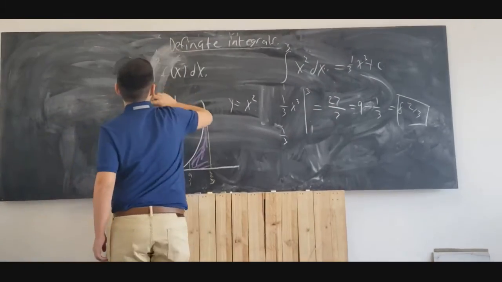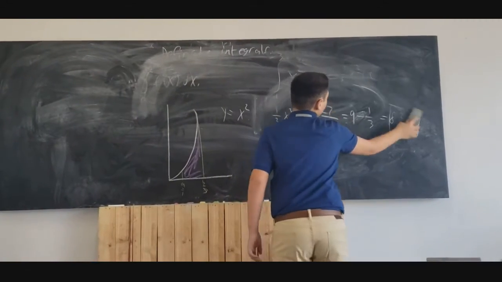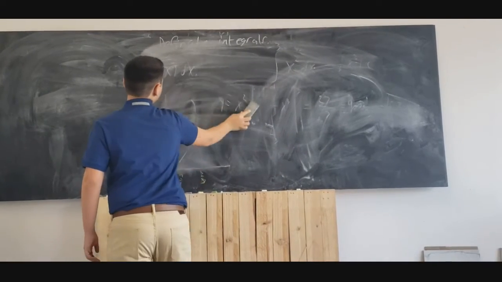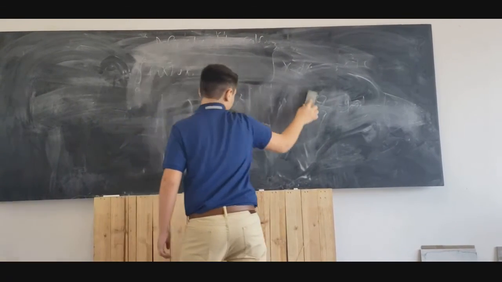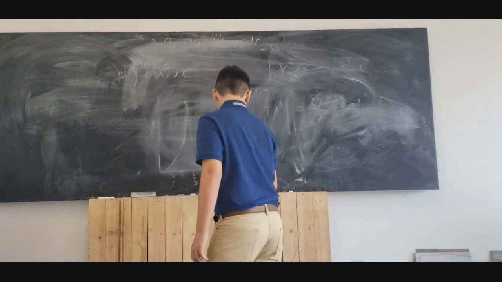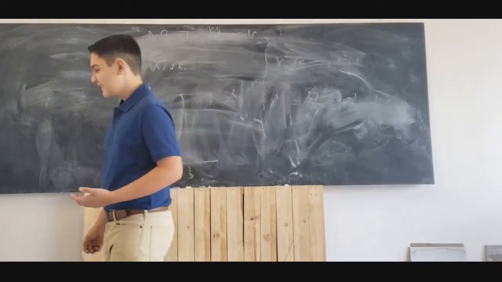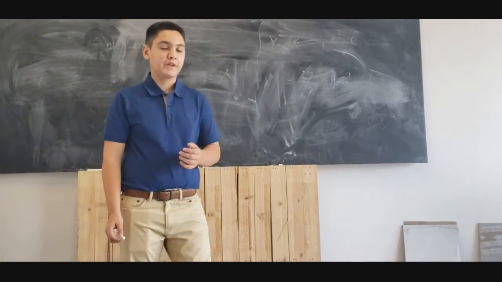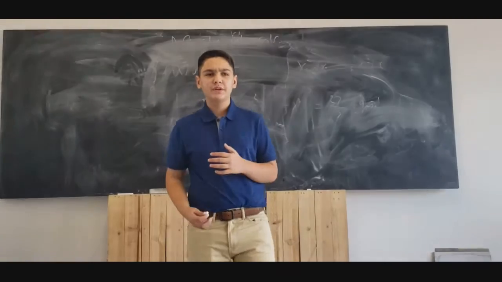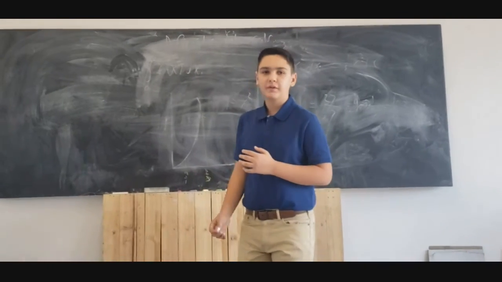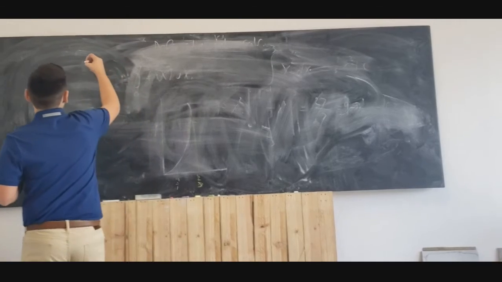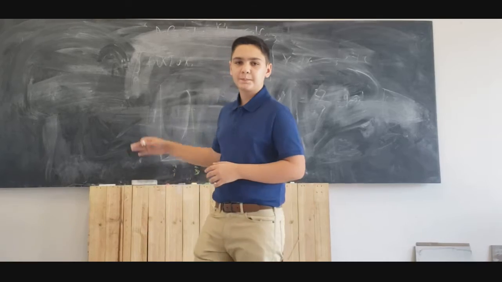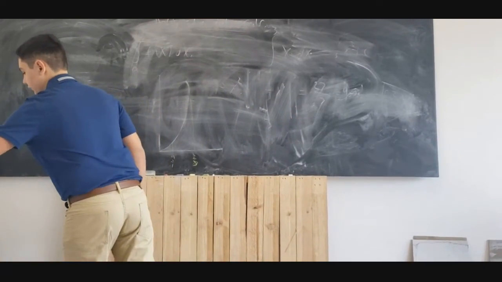Before this video ends, I'm going to go over the definition for the definite integral, because there is a definition for it, similar to the definition of the derivative, right? There's a whole proof behind this called the fundamental theorem of calculus, but we're not going to go over it in this very easy, simple tutorial. I'm going to first write down the derivative definition, and then the definite integral definition.